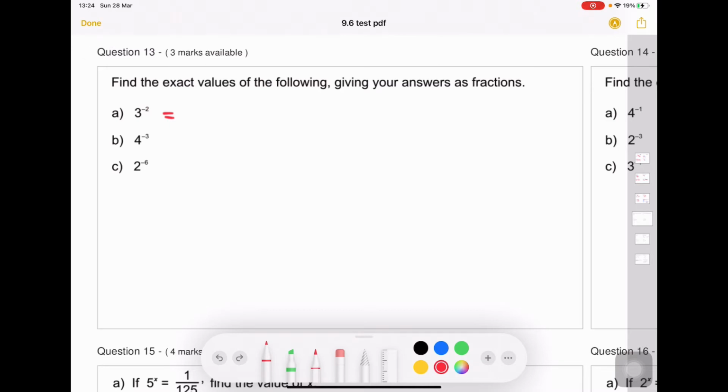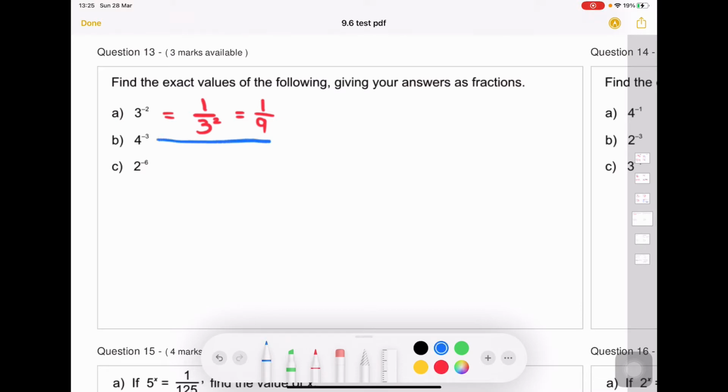It flips the 3. We need to write the reciprocal of the 3, which is 1 over 3, and we keep the 2 there. We keep the squared. And so 1 over 3 squared is 1 over 9.